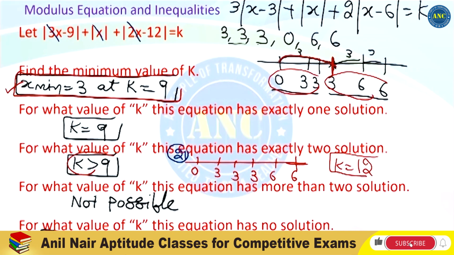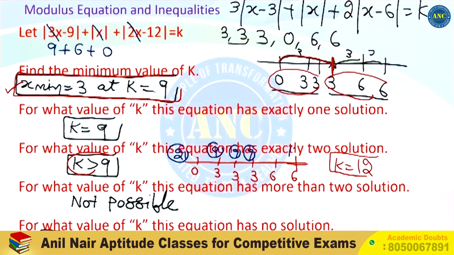If x equivalent to 3, the value is 9. If x equivalent to 6, 18 minus 9 is 9, and 2 times 6 is 12 minus 12, 0, giving 15. So between 9 and 21 there exists a point.